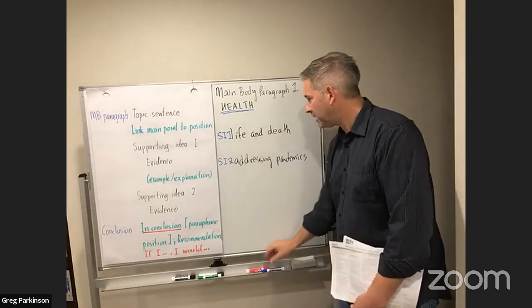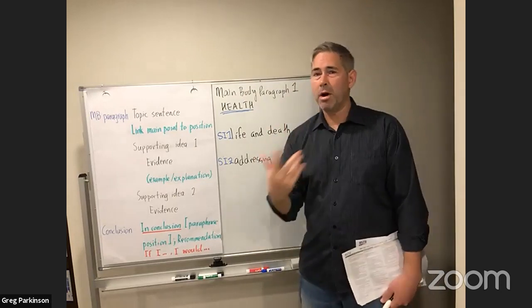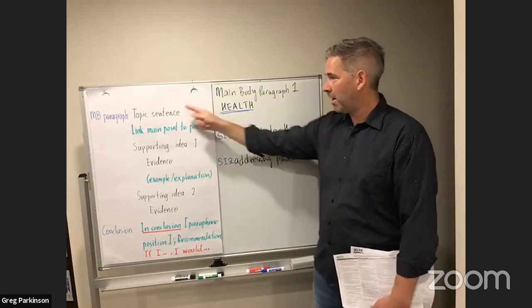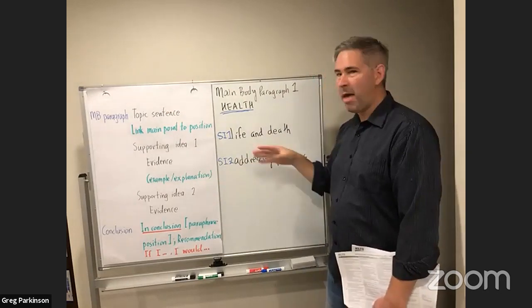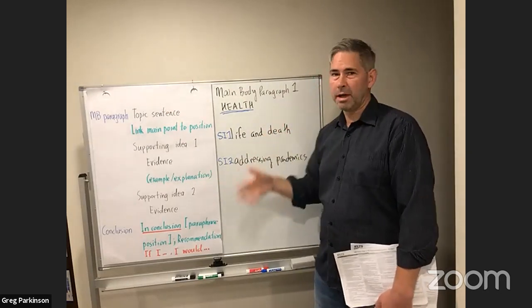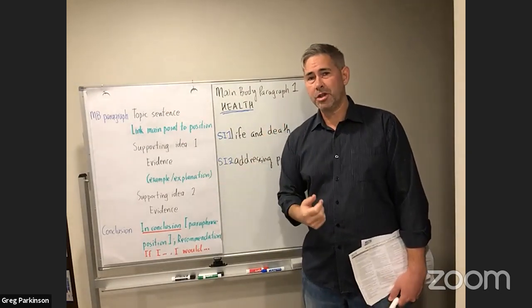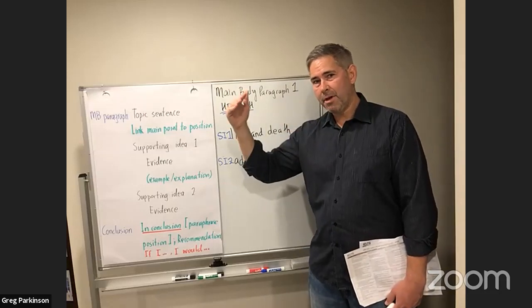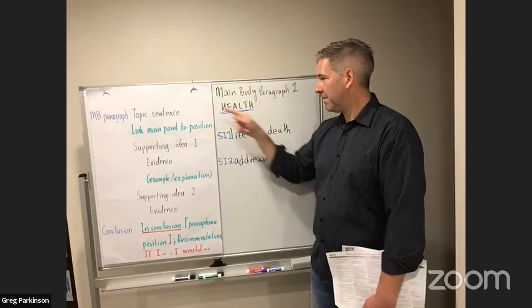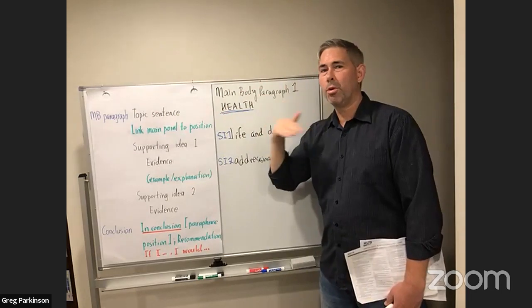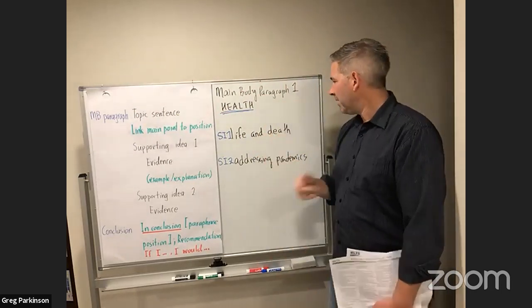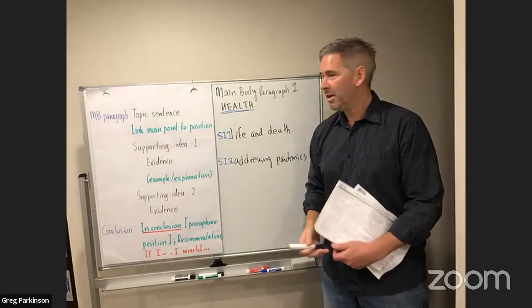But at this point, this is the main body of my first paragraph. And I'm happy that these are on topic and they're supporting my position, that health and education, but in this paragraph, health is more important than the arts. Why? Because it's a matter of life and death.